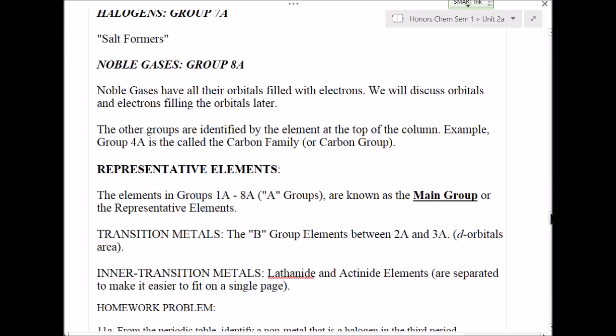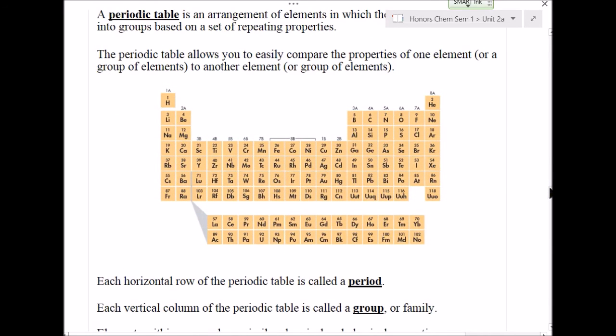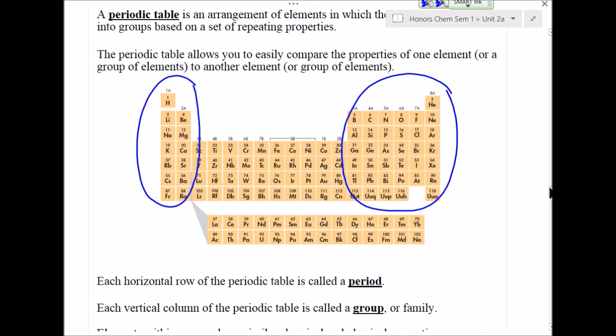And then the representative elements. Let's talk about that. Representative elements are the ones that are in the A columns. These are what make up our valence electrons, so we'll talk about valence electrons a little bit later on. So those are where the representative elements are.